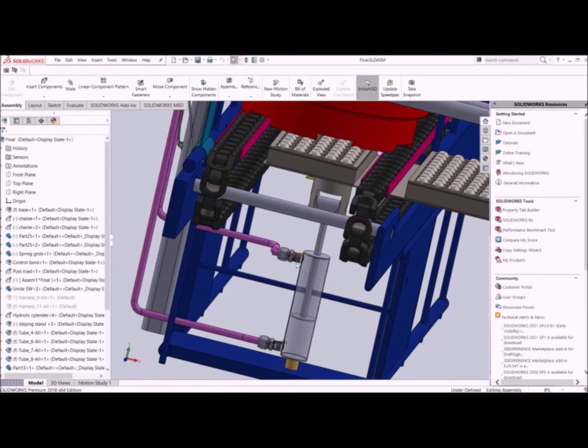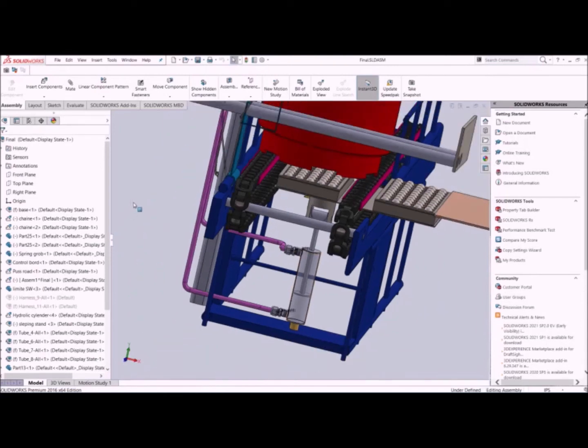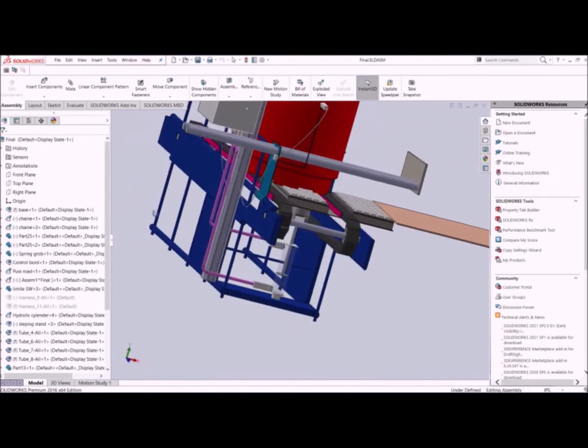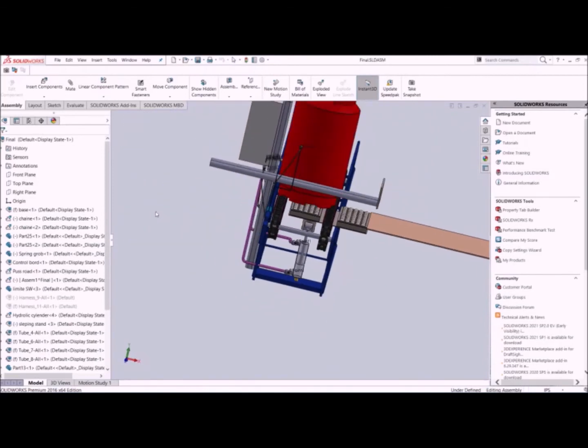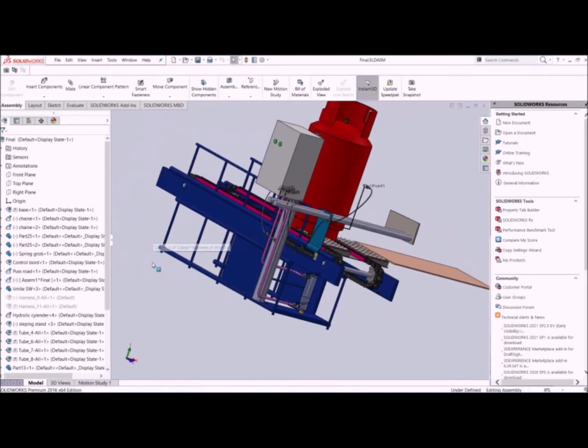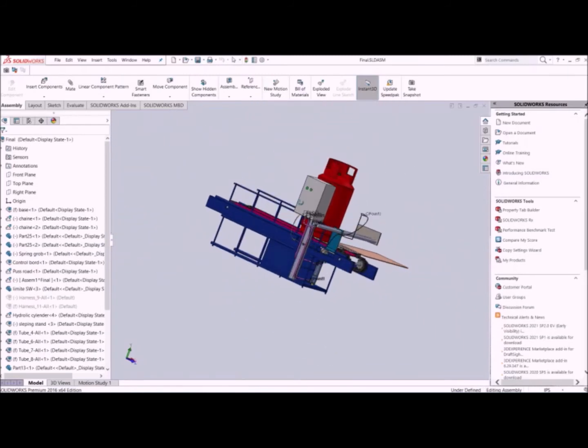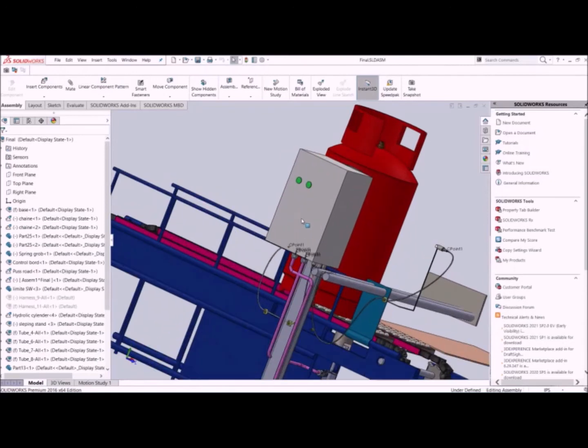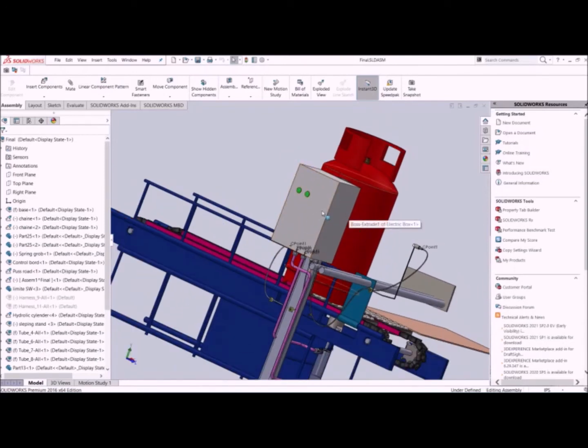Next, there are two pipelines. These two pipelines supply compressed air to the cylinder. These two pipelines are connected with a 5x2 solenoid, and the solenoid is connected with the PLC. This is the control board, and inside it there is a PLC.